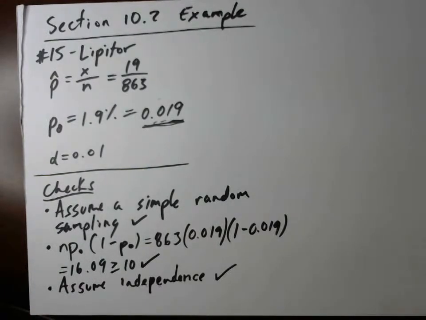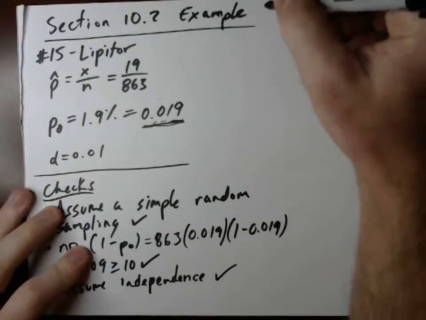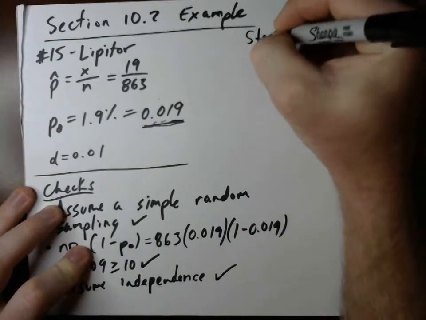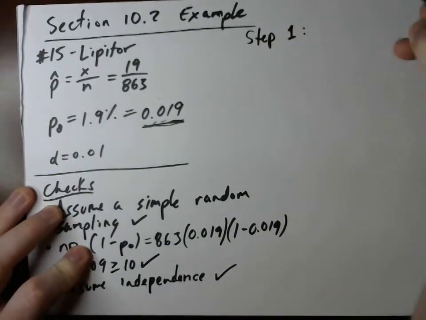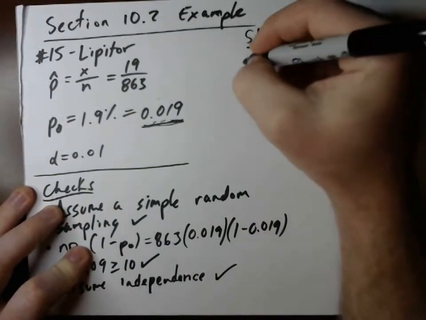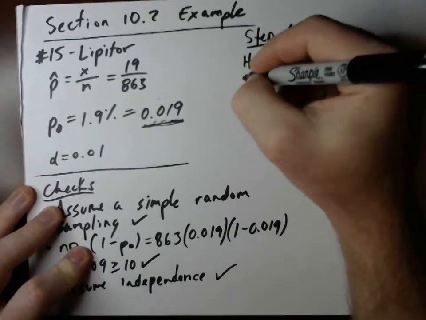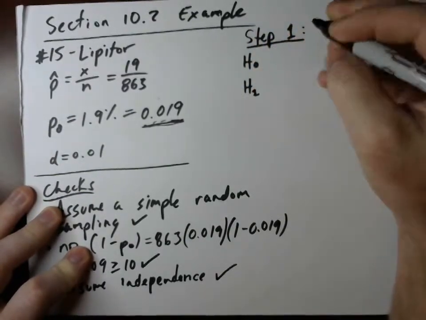Step one is where we go into the null and alternative hypothesis. So let's figure out what part of problem number 15 tells us what type. Step one is dealing with our null and alternative. We always have the same sort of information at first.